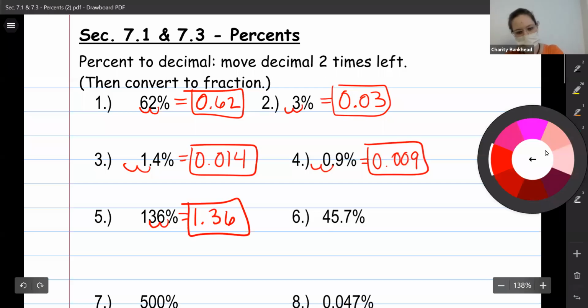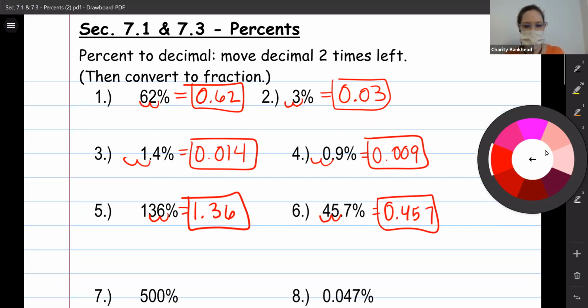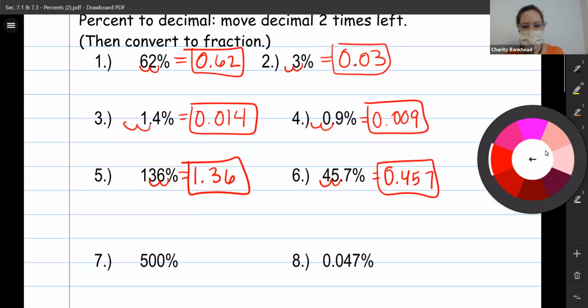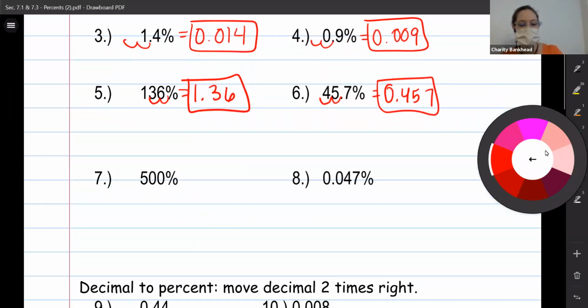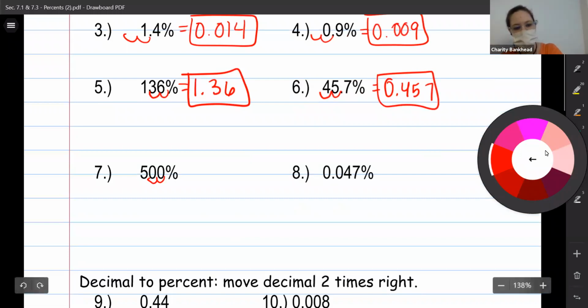0.36. 45.7% would equal 0.457. And 500% would equal, you could say 5.00 or just 5.